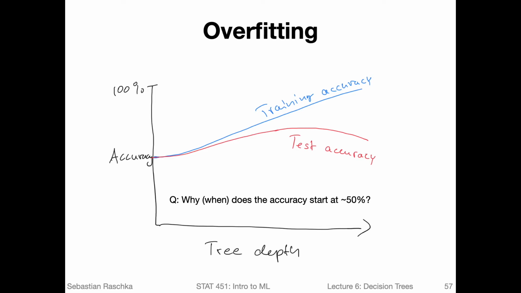In the case of a decision tree, assume we start at a certain accuracy here, and let me choose blue here, and then the deeper the trees become, the higher the training accuracy, so the better the model performs on the training set. However, when we then evaluate the performance on an independent data set, for example the test set, we would see that the performance becomes worse on the test set.